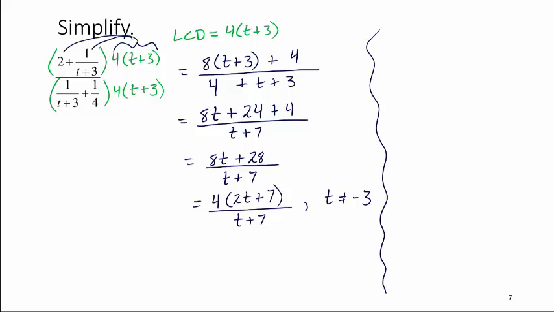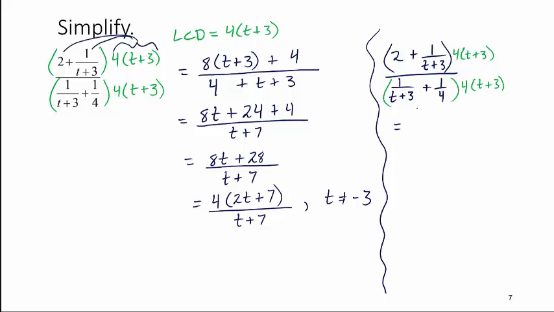Just to look at this again, if what I just did is confusing or you get lost in the steps, I just want to give you an alternative way to write it out if it helps you. When we're multiplying the numerator by 4 times t plus 3 and the denominator times 4 times t plus 3, we distribute the 4 times t plus 3 through the numerator.